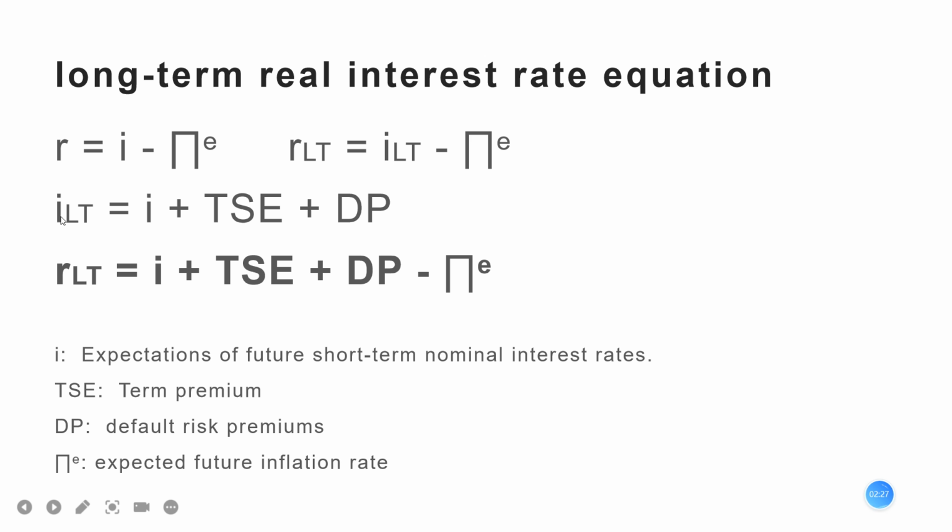And we have this formula in the last slide. So we can put these two equations together. We can get the long-term real interest rate equals i plus TSE plus DP minus pi e. Here, pi e is the expected future inflation rate.